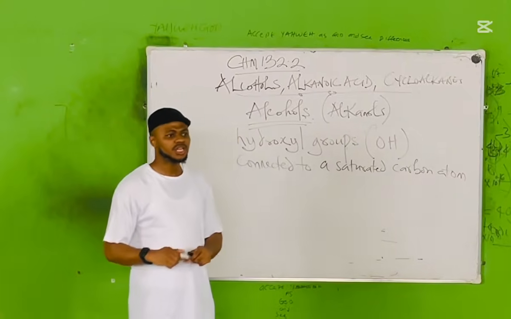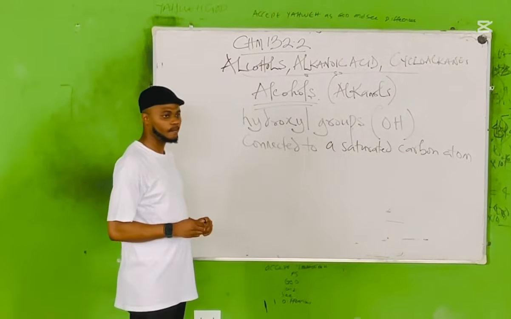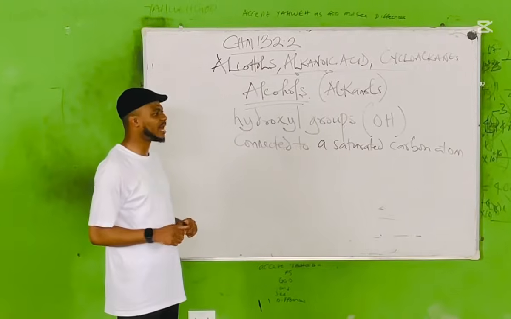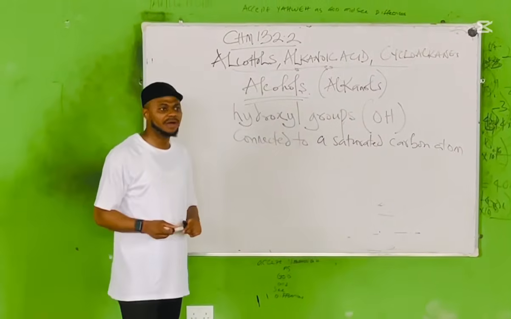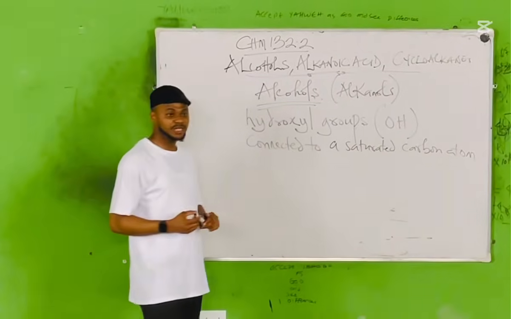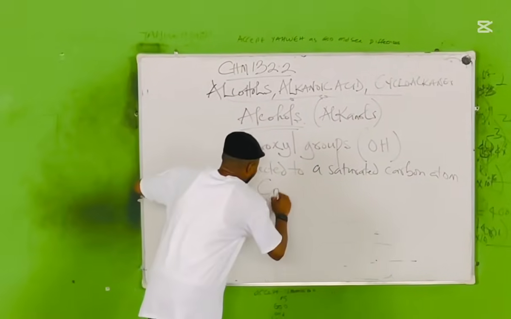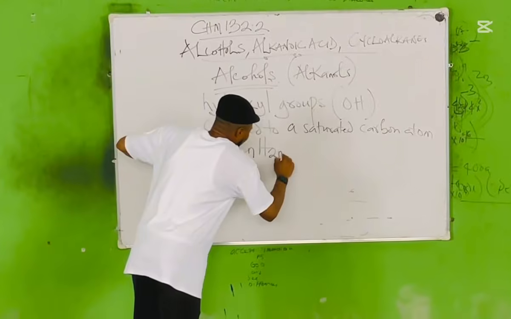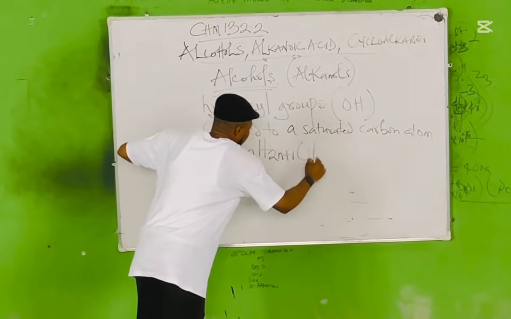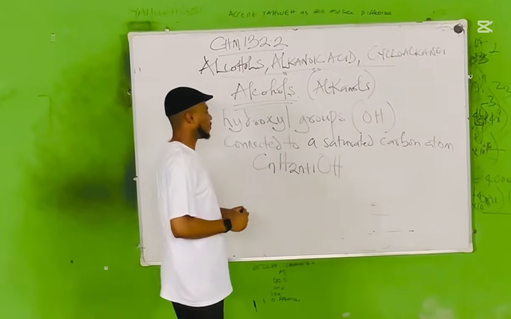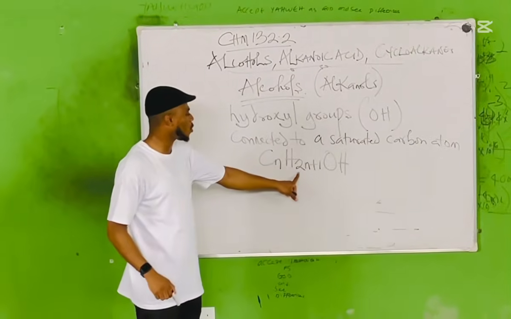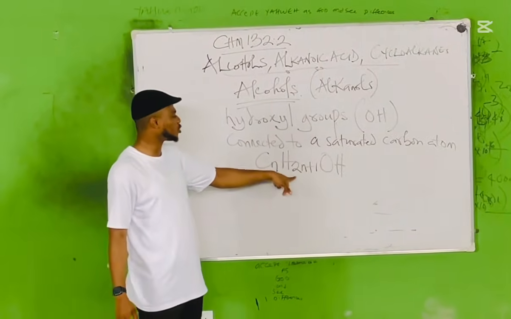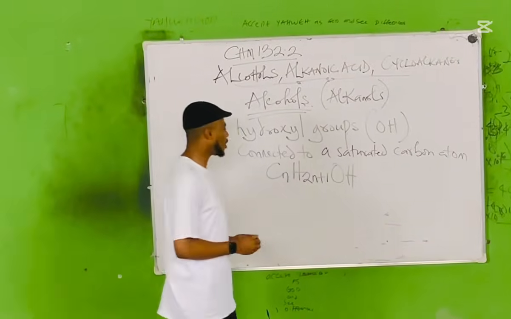The general molecular formula for alkanols is given as CnH2n+1 OH.